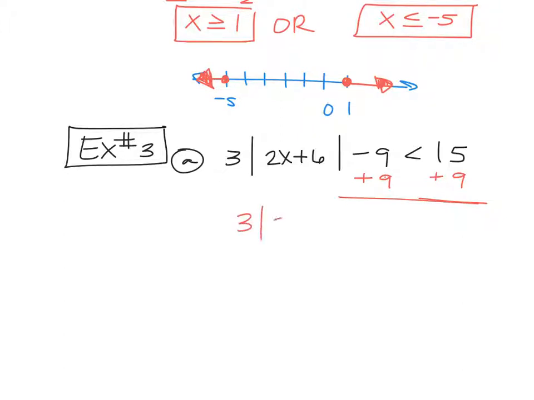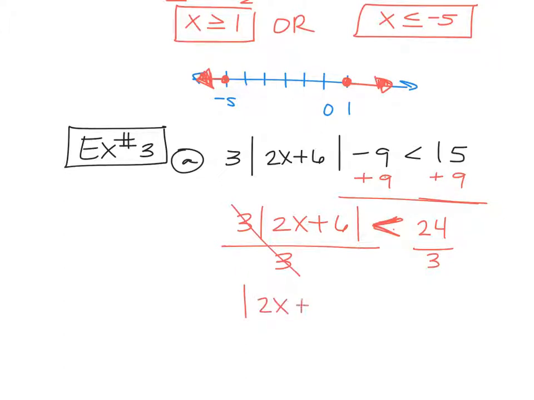So 15 plus 9, you get 24. Then you divide by 3. Remember, don't distribute the 3 there. That's bad news. So you have absolute value of 2x plus 6 is less than 8.